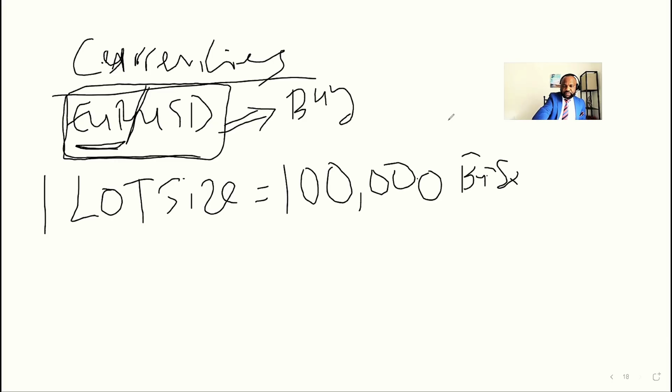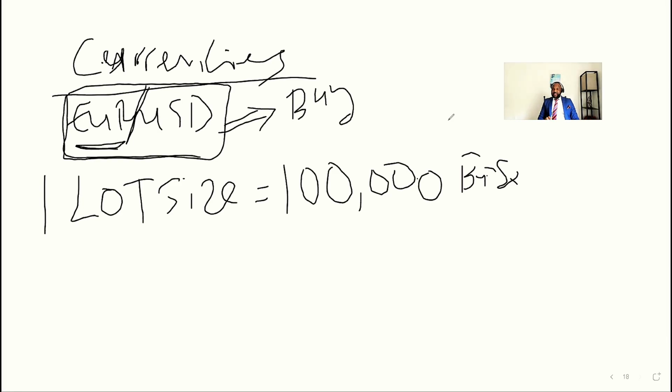My base is euro. So I'm actually going to the market to buy 100,000 of whatever currency is on the left hand side.